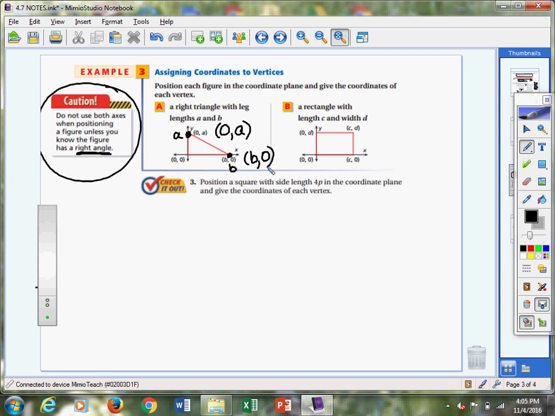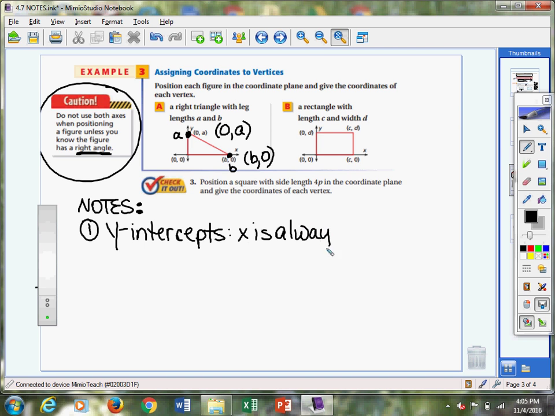I'm going to take a little note here to remind you about that. Let's talk about y-intercepts: x is always 0.